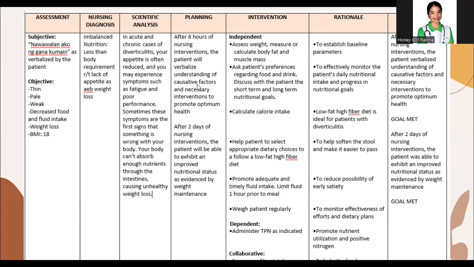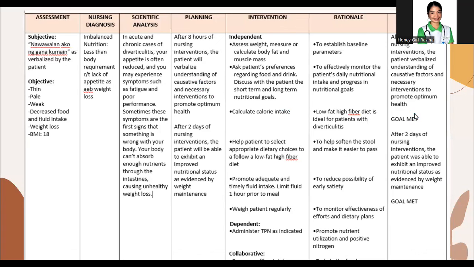Second is to ask the patient's preferences regarding food and drink and discuss with the patient the short-term and long-term nutritional goals, which is to effectively monitor the patient's daily nutritional intake and progress in nutritional goals. Third is to calculate calorie intake, which is the low-fat, high-fiber diet, which is ideal for patients with diverticulitis.